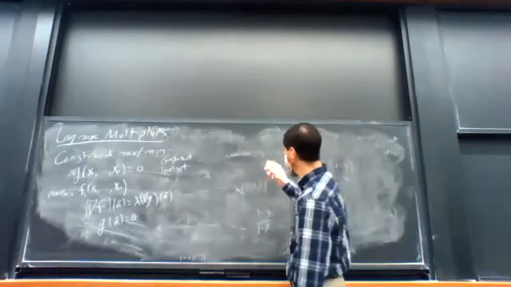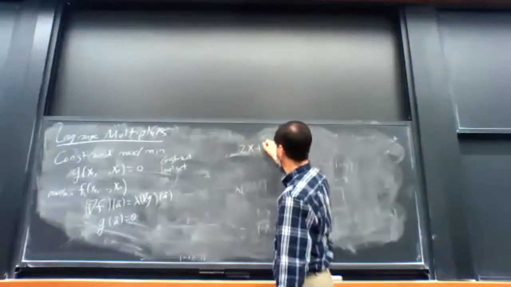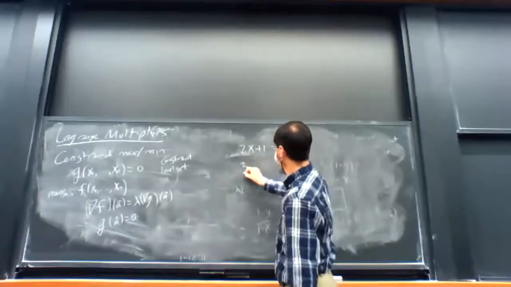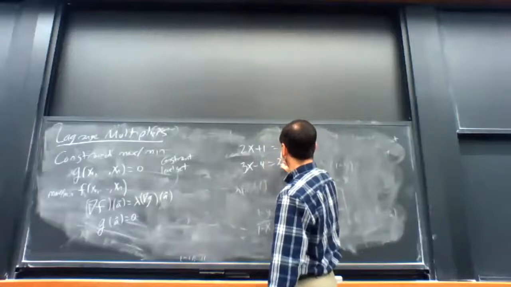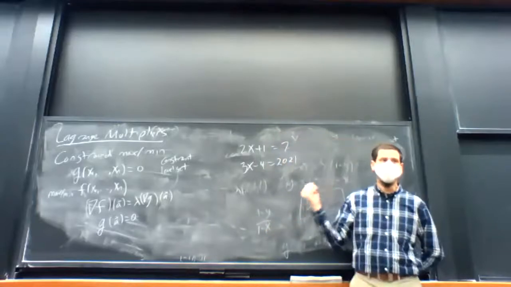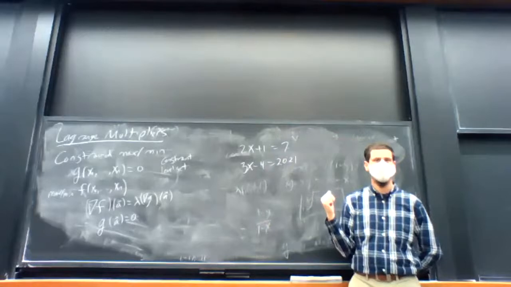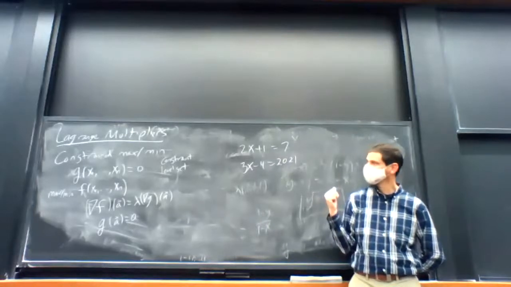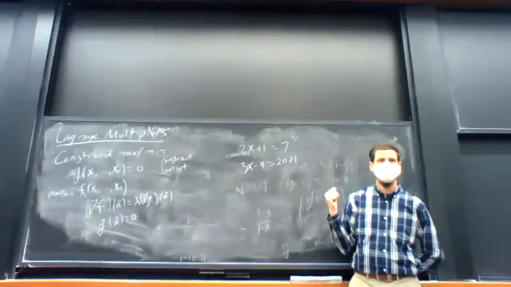So if I have more equations than unknowns, maybe 2x plus 1 equals 7, 3x minus 4 equals 21. Do you think this should be a solution? More equations than unknowns. This should not be a solution in general.